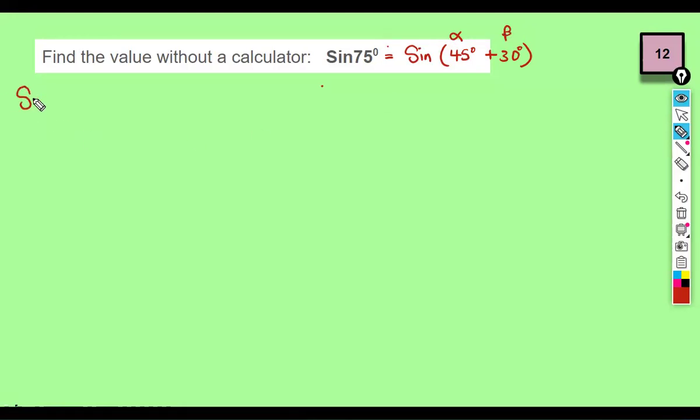On the previous slide, you would have seen this formula: sine of alpha plus beta is the same exact thing as sine alpha multiplied by cos beta plus sine beta multiplied by cos alpha. Alpha is the 45 degrees and beta is the 30 degrees, so it's just a matter of throwing it into the formula.